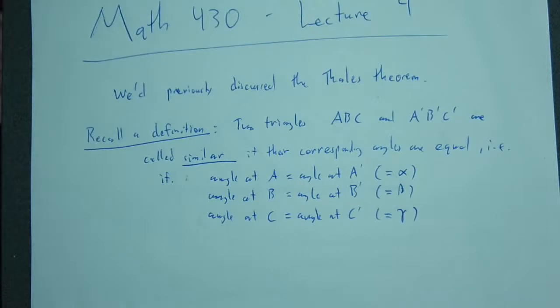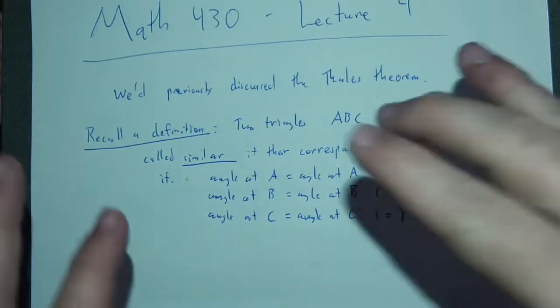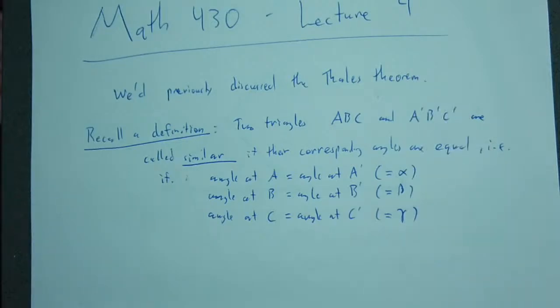The reason this is the definition is that it is enough to give us exactly what we care about. But the actual thing that we care about for similar triangles is not that their corresponding angles are equal. What we actually care about is that it entirely describes the notion of triangles that are similar in scale. That's what the word similar means. It means that corresponding sides are proportional.